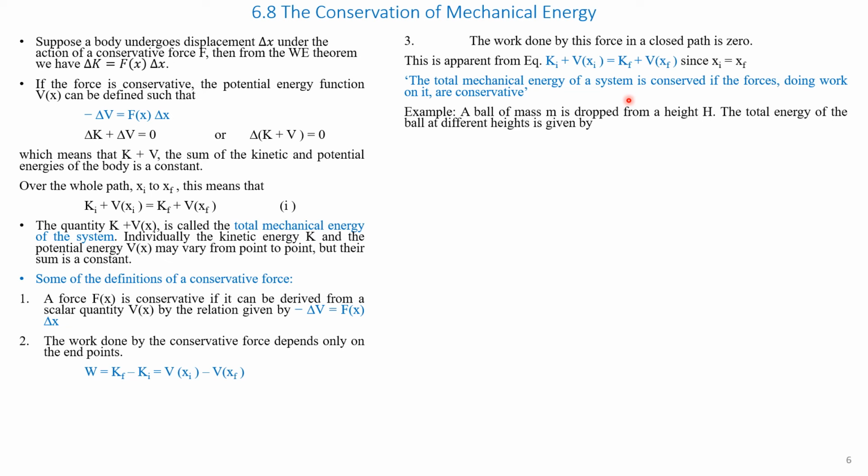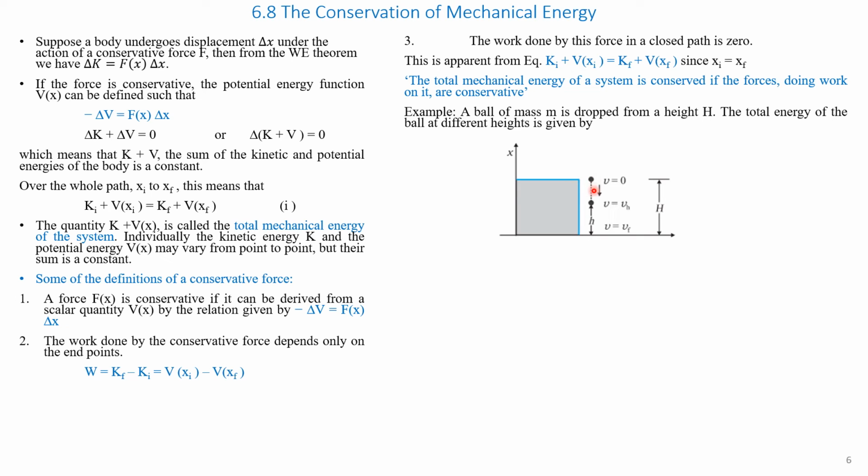Example: a ball of mass m is dropped from a height h. The total energy of the ball at different heights is as shown in the figure, where the displacement is shown on the y-axis. Capital H is the height of a cliff where the speed v is equal to 0 because the body is at rest.